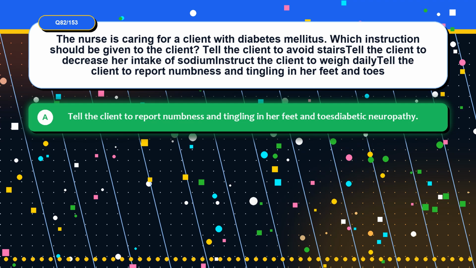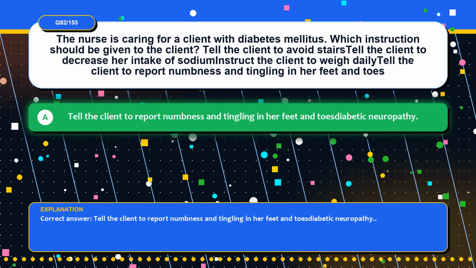The correct answer is option A. Tell the client to report numbness and tingling in her feet and toes, which indicates diabetic neuropathy.